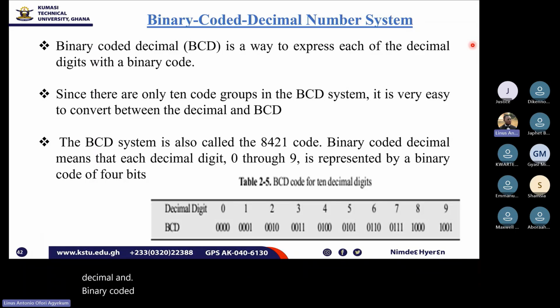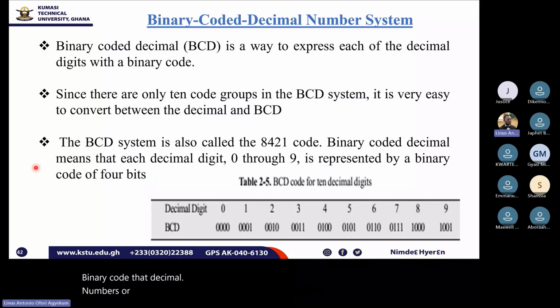When you look at this table, it gives decimal digits with their corresponding binary coded decimal values.